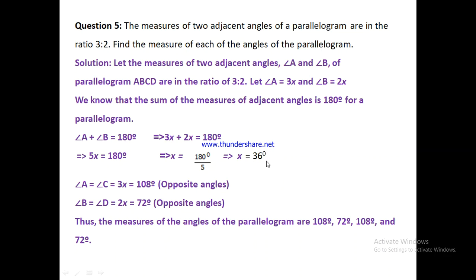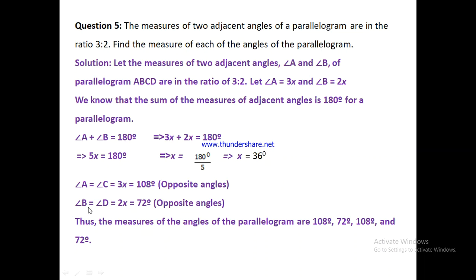Now we have the value of x, so we can calculate the measure of angle A and its opposite angle, angle C, which is equal to 3x, as we know that opposite angles of a parallelogram are equal in measure. So x is equal to 36, so 3x is equal to 108 degree. And angle B and angle D are opposite angles of the parallelogram.